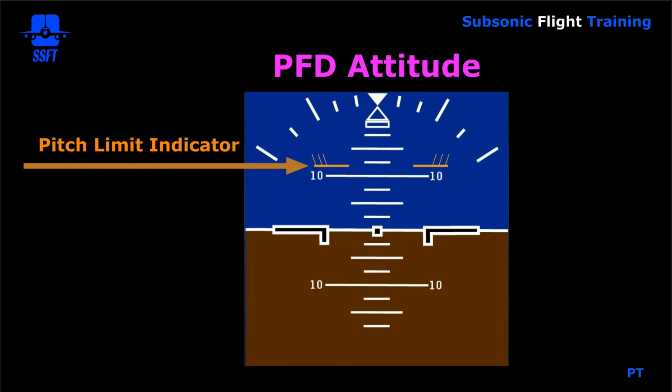On the attitude display, anytime the flaps are out of up, or you have low speed with no flaps extended, you'll get the pitch limit indicator. The pitch limit indicator indicates where you'll encounter stick shaker. If you put the airplane symbol right under the pitch limit indicator, it would be 1 degree below stick shaker.